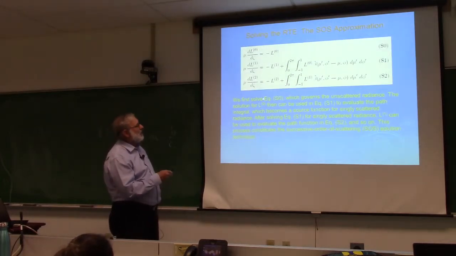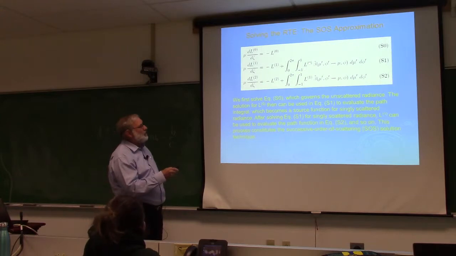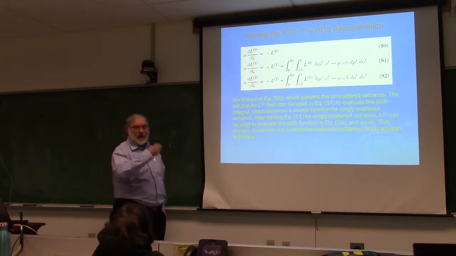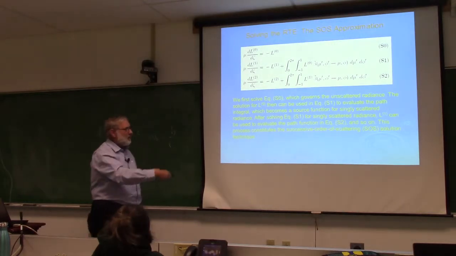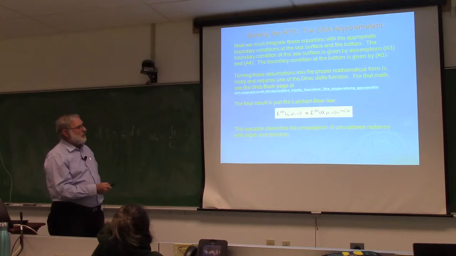So I end up with the equation for the first order scattering term involves the solution for the unscattered term being scattered. So I solve this, I stick it in here, and I get L1. Then the equation for L2 involves the light that's been scattered once being scattered the second time. And you work your way down.